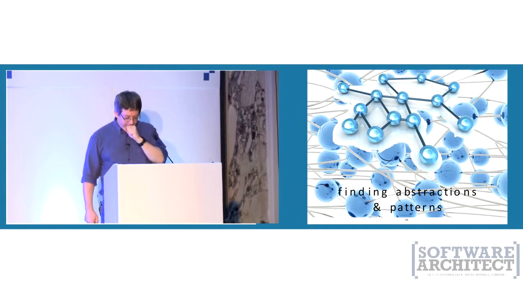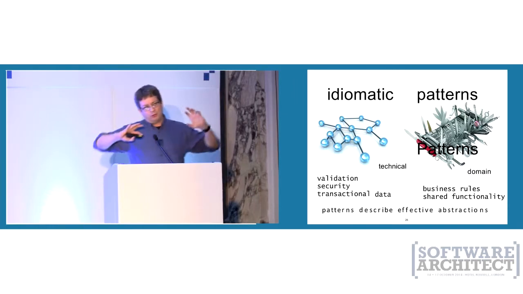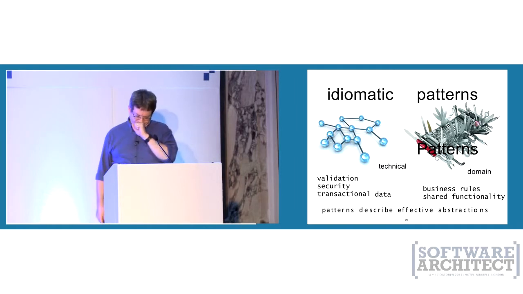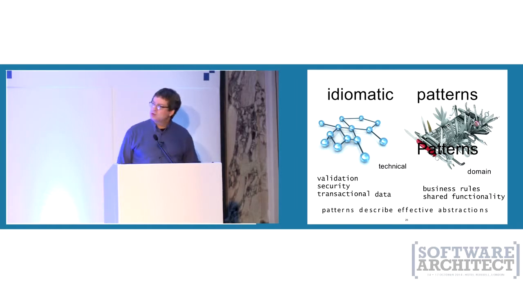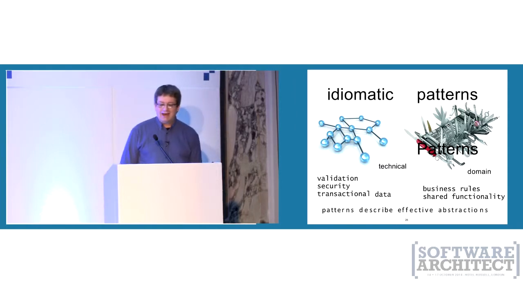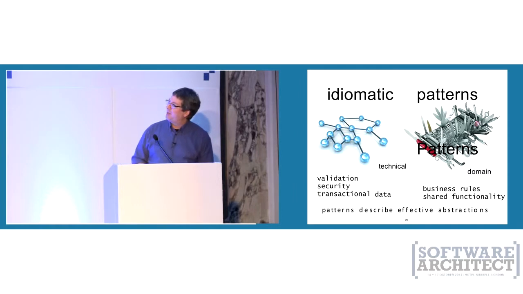But when we talk about patterns, I'm not talking here about the formal Gang of Four design patterns, which are patterns with a capital P. I'm talking about patterns with a lowercase p, what I'm calling idiomatic patterns. I maintain that every piece of software has idiomatic patterns down inside it, and I further subdivide these into technical and domain idiomatic patterns.